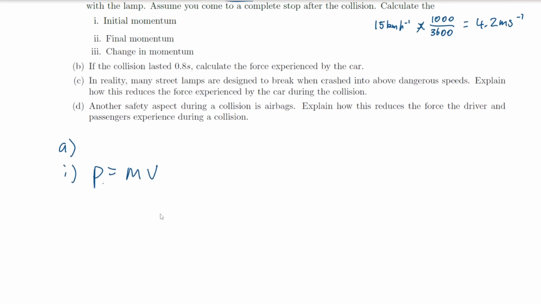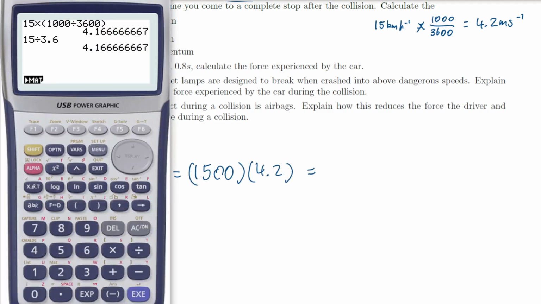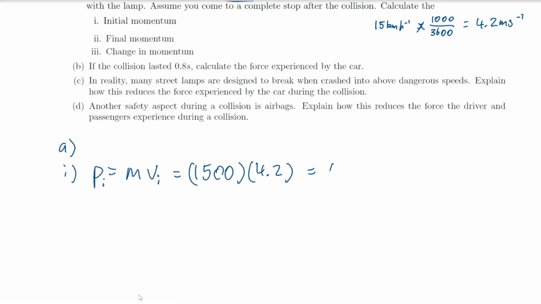So we could label this as P_i for initial momentum, is mass times initial velocity, which is 1,500 kgs times 4.2 meters per second, giving us 6,300. And what are the units? Well, mass is in kgs times speed, which is in meters per second.